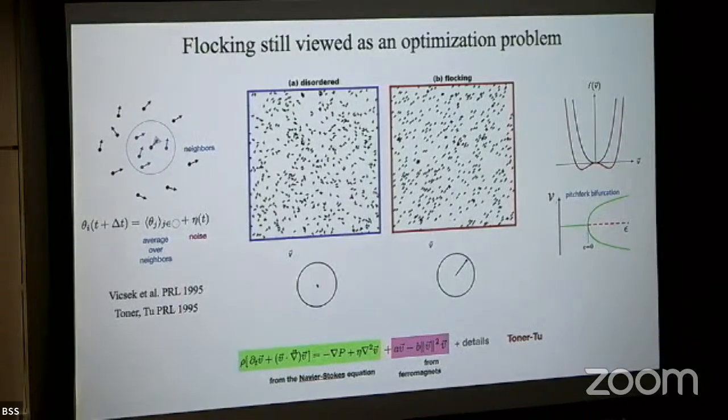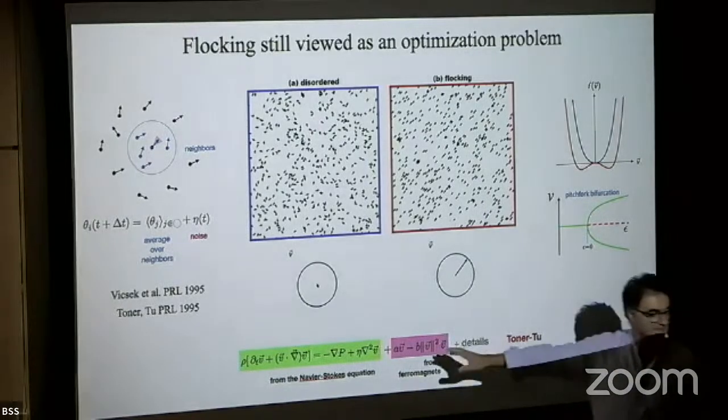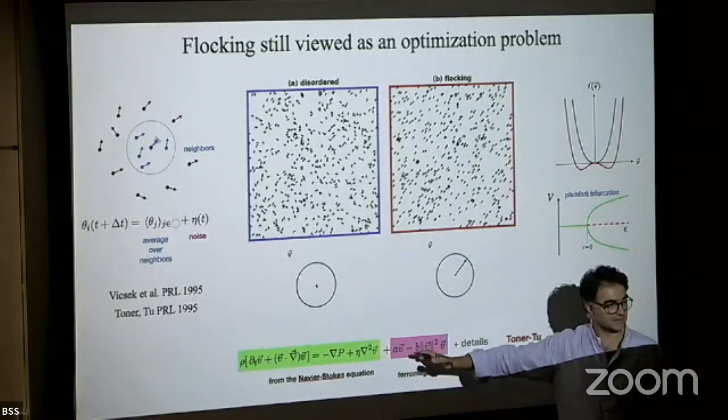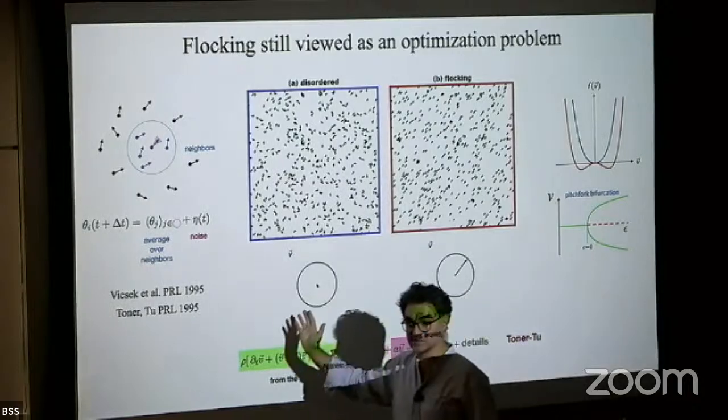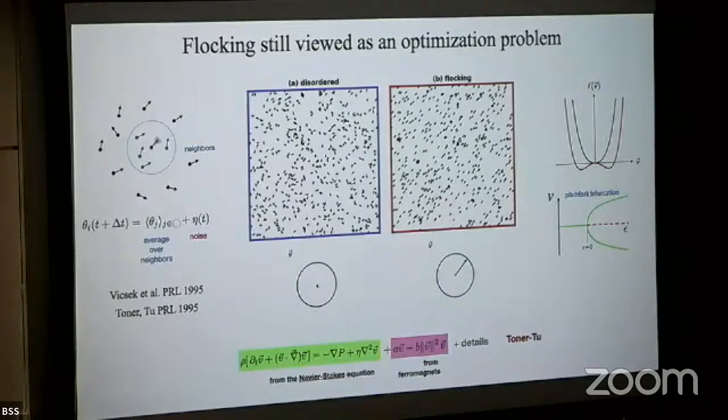I doubt that the birds are minimizing something like this, but that's how it is constructed. As a result, there is no issue in flocking in describing it with the ordinary techniques that we love. It's what people would call a pitchfork bifurcation. Okay? It's exactly this.